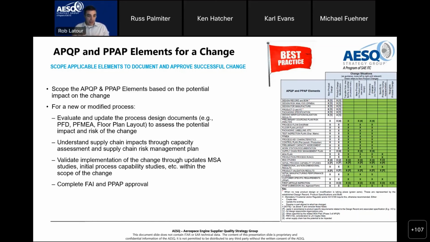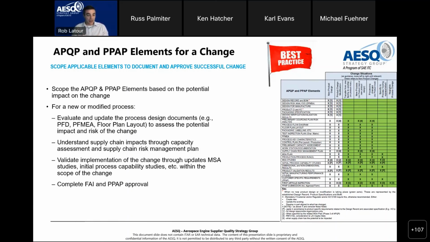And as you continue on, updating your control plan, looking at your new capacity, is there any changes to the supply chain that need to be managed? Are any of these changes going to impact your measurement systems? Or do we need to implement new measurement systems or change the measurement systems in any way, which may drive us into new studies? And then, it leads us into the validation elements, understanding what are our initial process capability studies and dimensional results to see, did the change do what we expected it to do?